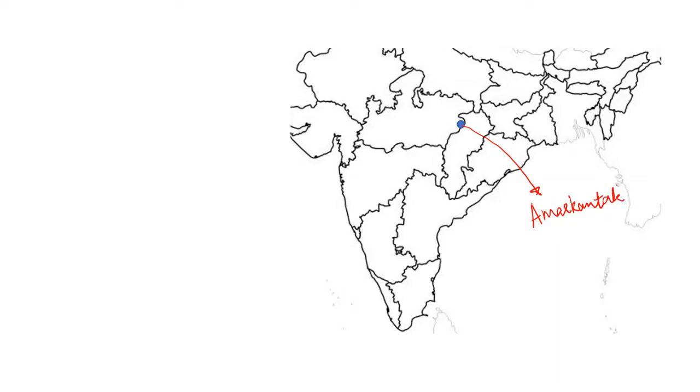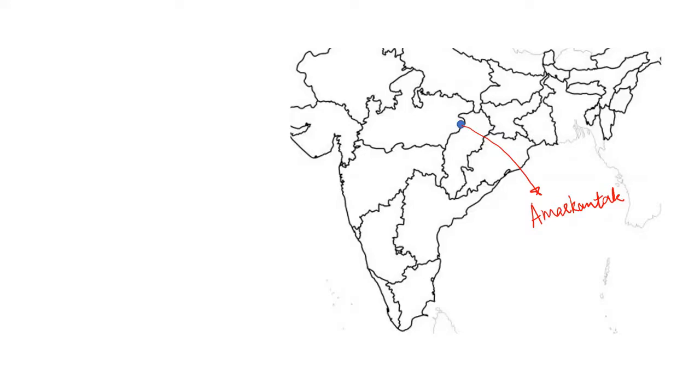I have deliberately given this location because, first of all, this is the place where I work at the IGNTU in Amarkantak. But of course, that is secondary. The most important thing is that this location is the origin of three important rivers: Narmada, Son, and Johila.